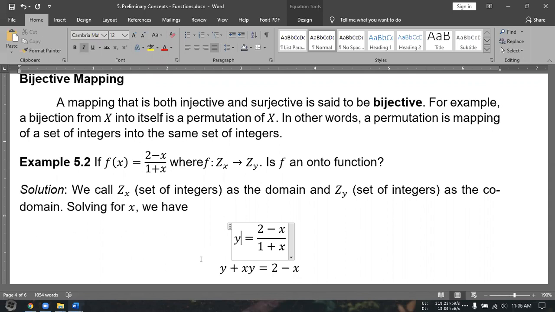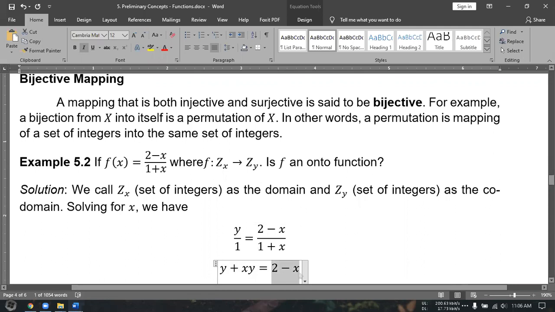To do that, we cross multiply: y times the quantity 1 plus x gives y plus xy, and 1 times 2 minus x gives 2 minus x.